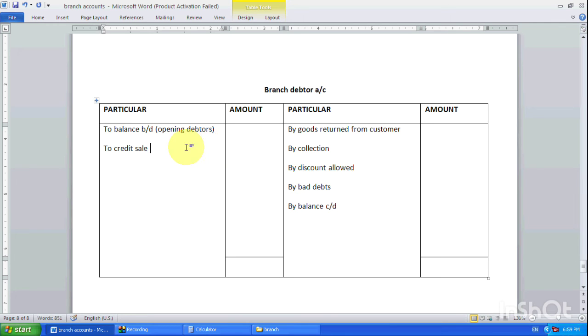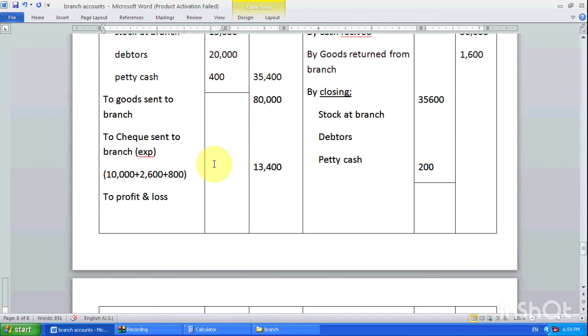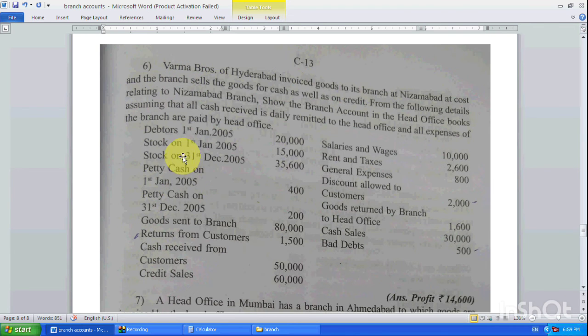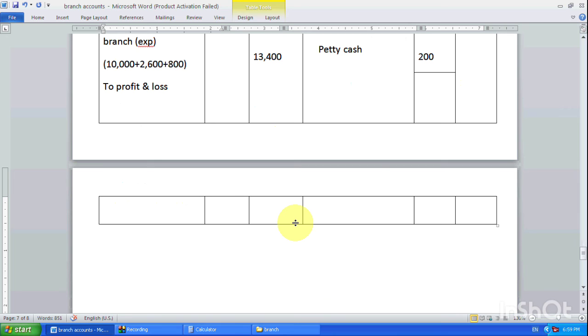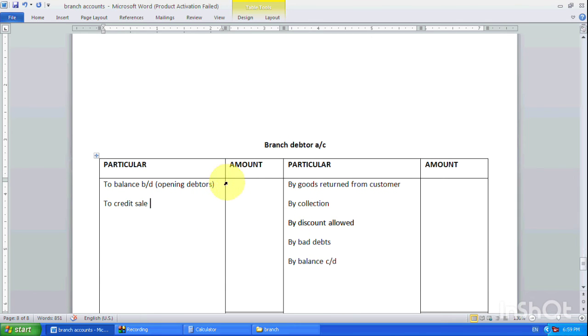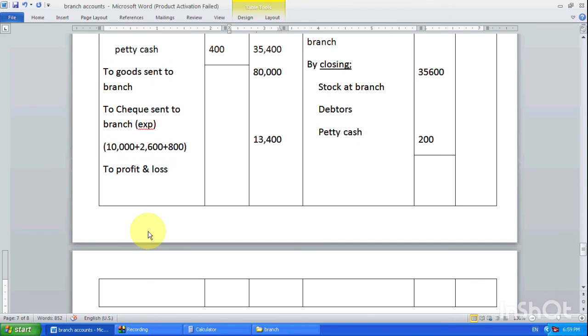First write balance brought down, the opening balance. Opening debtors is 20,000 and credit sale is given 60,000. In the question it is given 60,000.